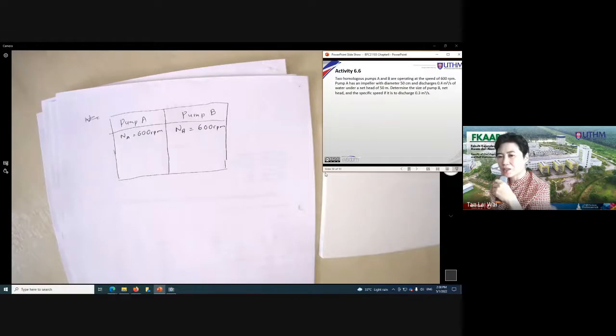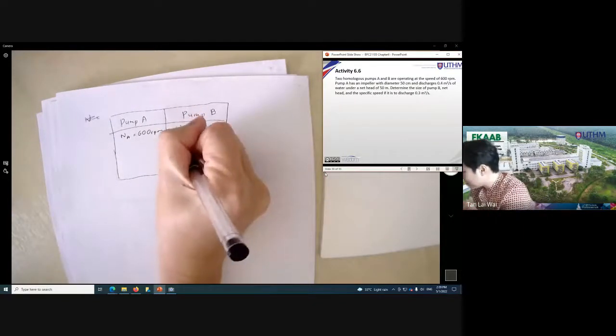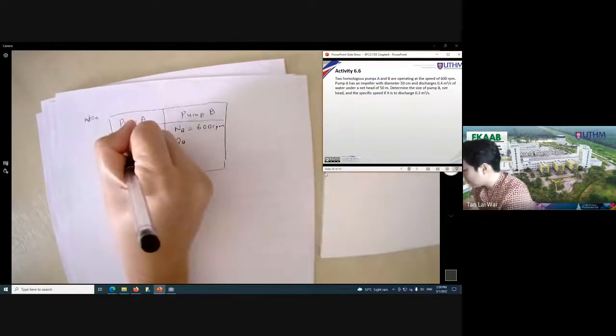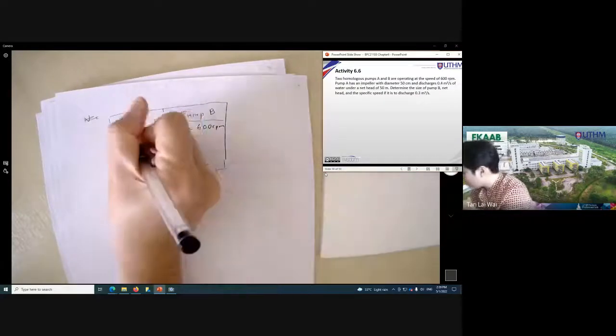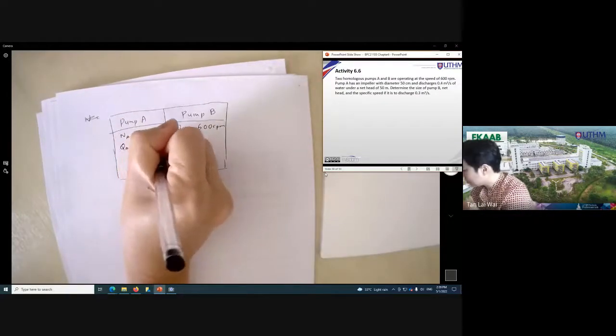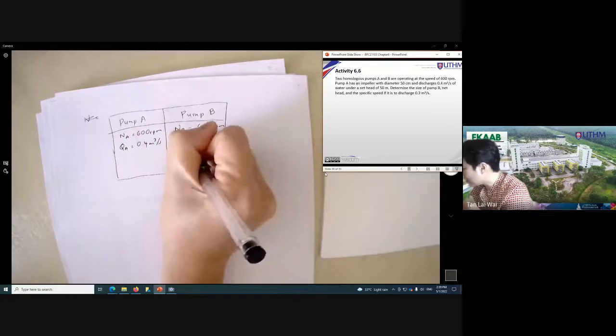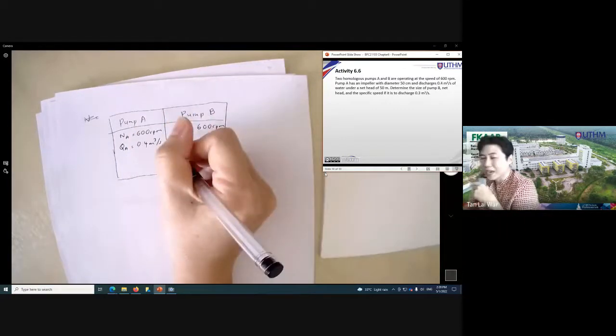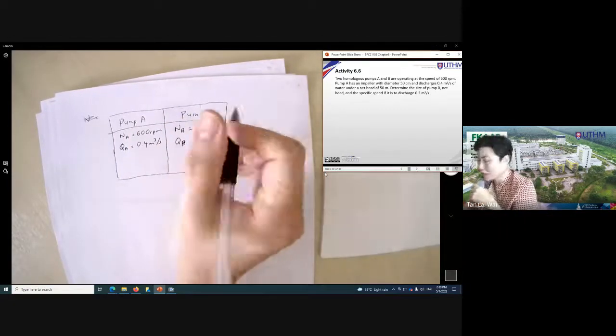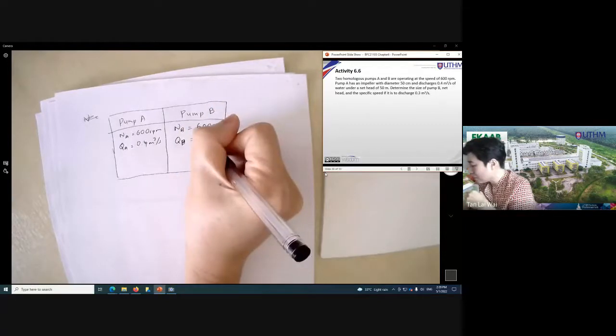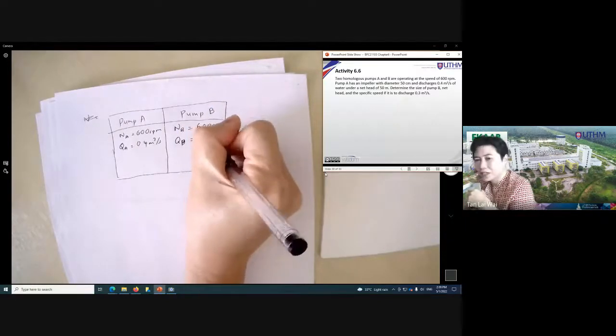Determine the size of pump B, net head, and specific speed if the discharge is 0.3. So I have discharge as well. So QA is 0.4. It doesn't matter how you arrange it. You could write the diameter first or head first. I could also write Q first. It doesn't matter.